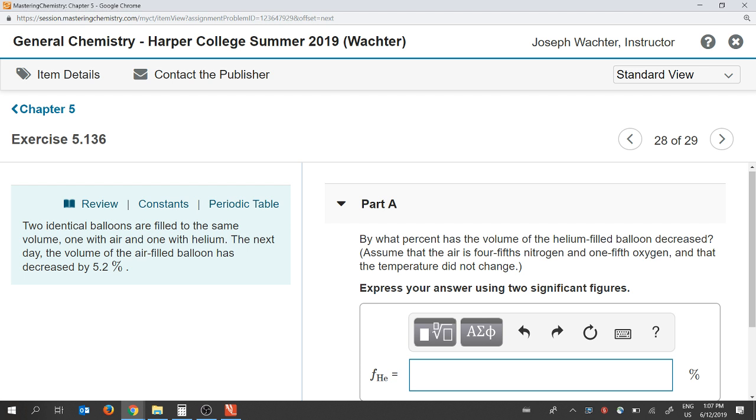All right, and so we call that the molar mass of air, the weighted average of those two molar masses. Okay, so then we put that here. We've got helium here. We call this rate 5.2, and then we solve for the rate of the air that way.